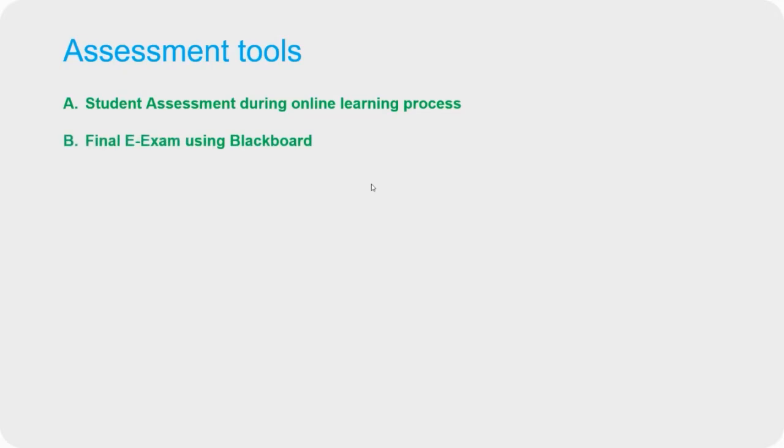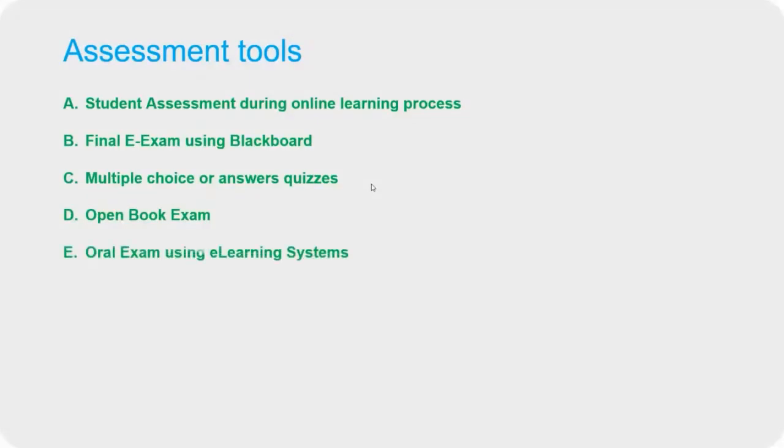And we have the final e-exam using Blackboard, for example. And we have multiple choice or multiple answers quizzes or exams. We have what we call an open book exam. We have an oral exam using the e-learning system.